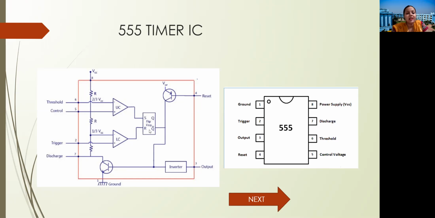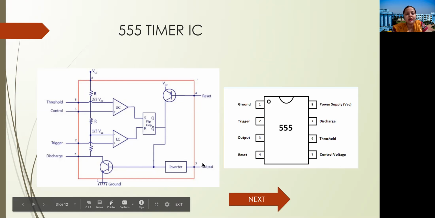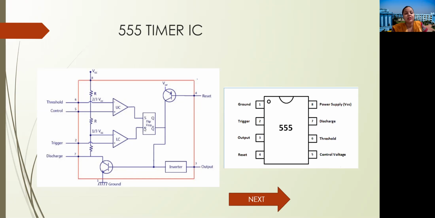Similarly, if reset is on, Q will be 0 and Q bar will be 1. Now this Q bar output is connected to the terminal of a transistor and it's getting connected to the output. So this is the internal block diagram of 555 IC, using which we will design different multivibrators.